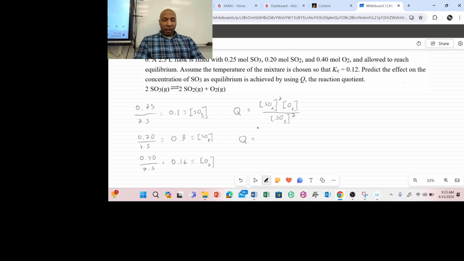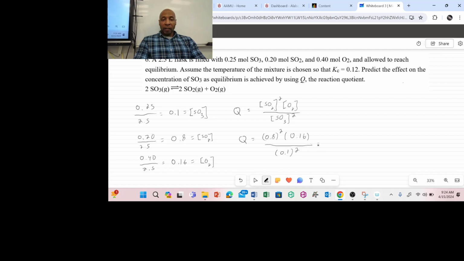All right, so my SO2 concentration is 0.8. So I'm going to take 0.8, square that, and my O2 concentration is 0.16, divided by my SO3 concentration, which is 0.1 squared, right?